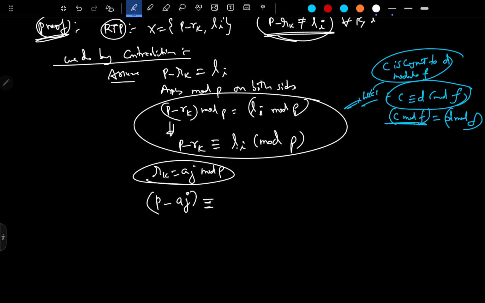Aj is congruent to Li. Li also, such that A is greater than P by 2. And Li is again Aj mod P, but Aj is less than P by 2. So P minus Aj is congruent to how much value?